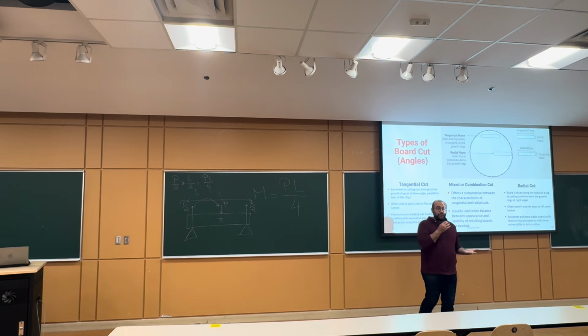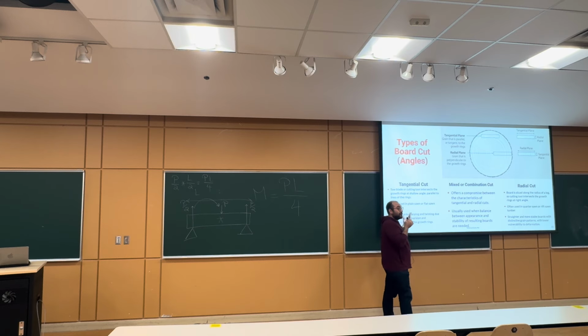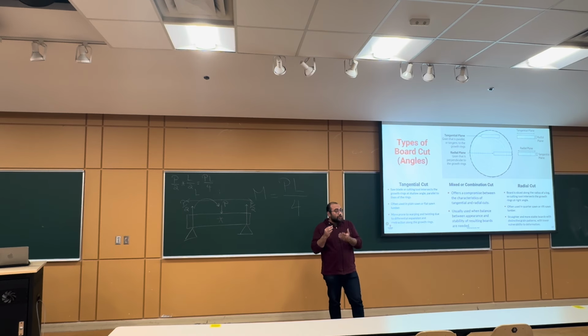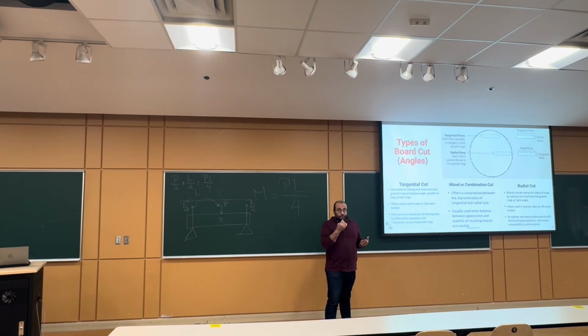It's mostly between both of them, depending on the angle, and usually used when a balance between the appearance and the stability or strength of the resulting boards is needed. If we need a good aesthetic or a better shaped wood surface and a good strength or an efficient piece of wood, then we tend to use the mixed or the combination cut instead.